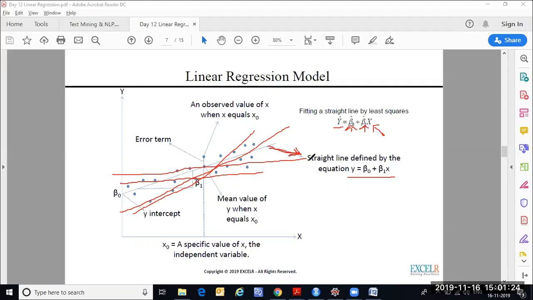Whatever line I'm going to use, based on that, I'm going to predict the value of y. Am I making sense, friends?